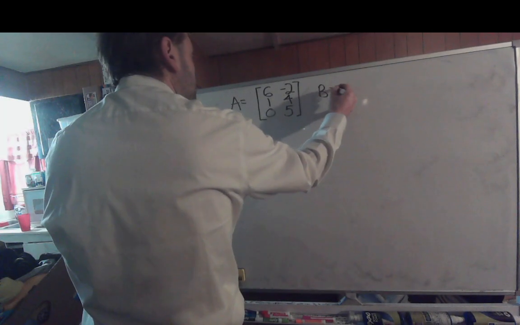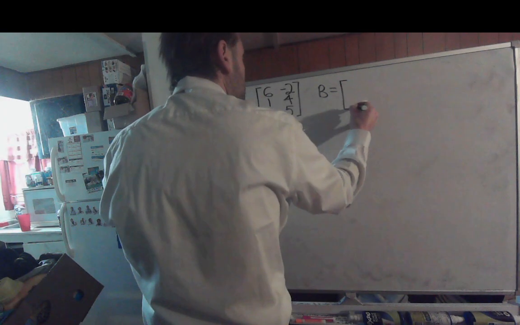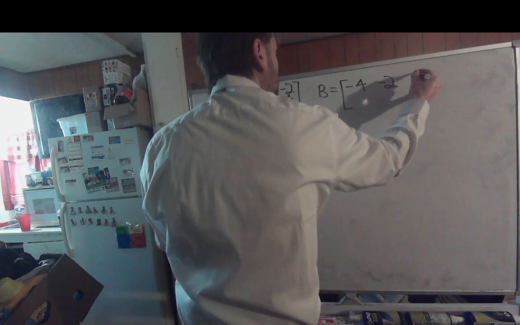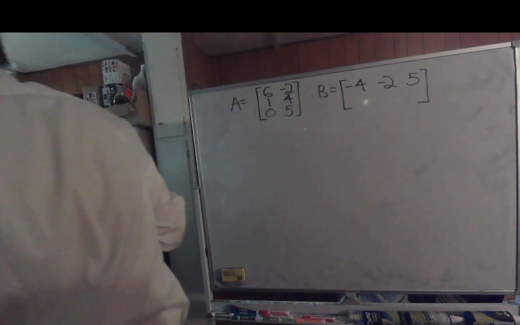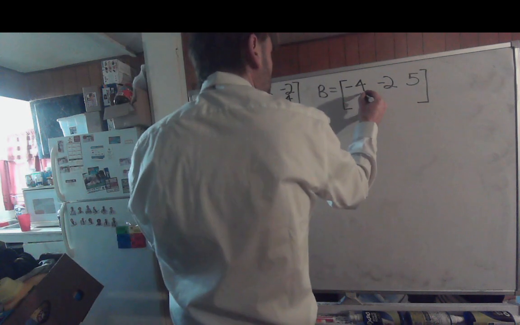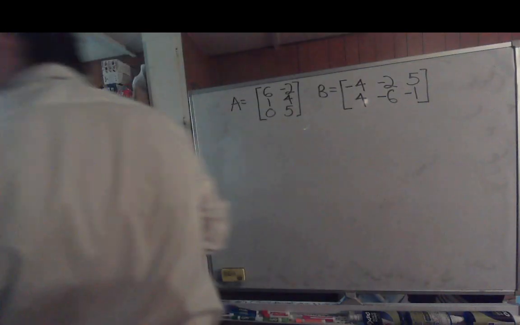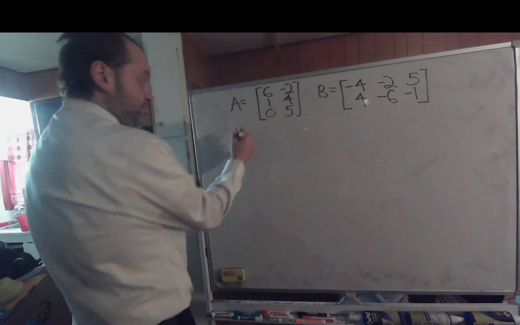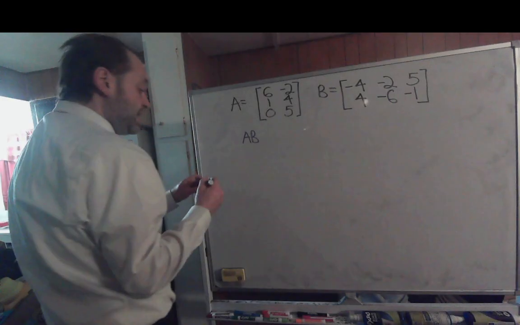Matrix B is going to be equal to negative 4, negative 2, 5, 4, negative 6, and negative 1. So is it even going to be possible to do A times B, matrix AB? Is that even possible to get?